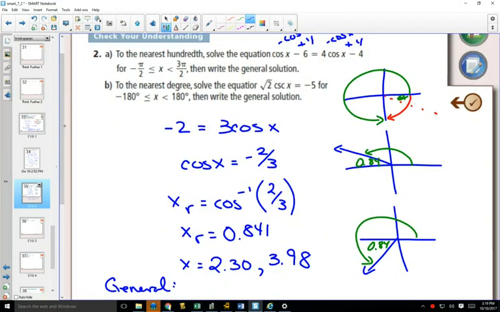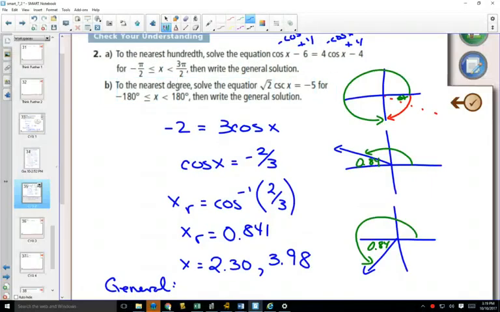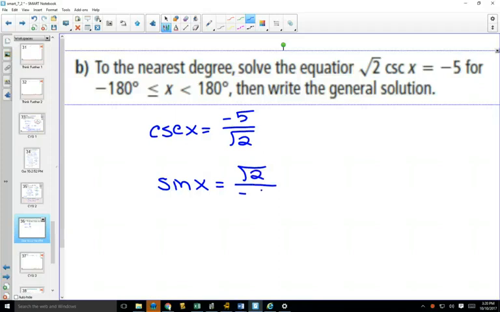For part B, to the nearest degree, solve this equation. So if I get cosecant by itself, I would have negative 5 over root 2. And if cosecant is negative 5 over root 2, then you know sine of x will be root 2 over negative 5.